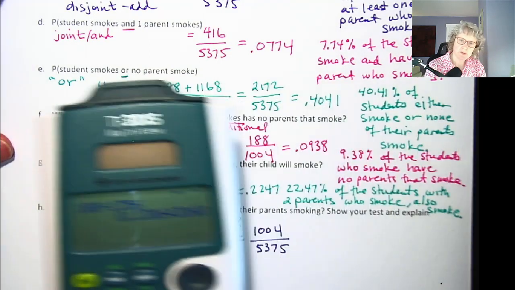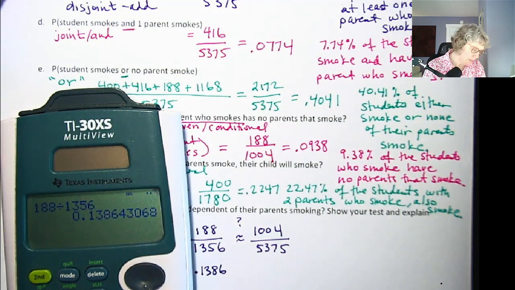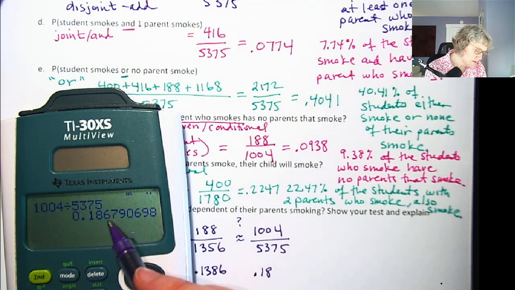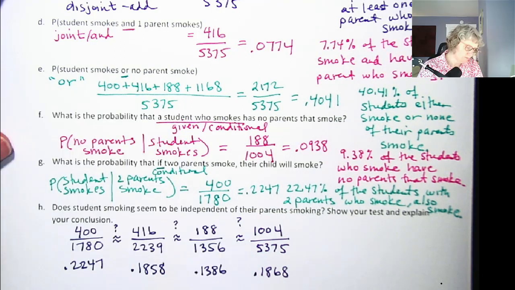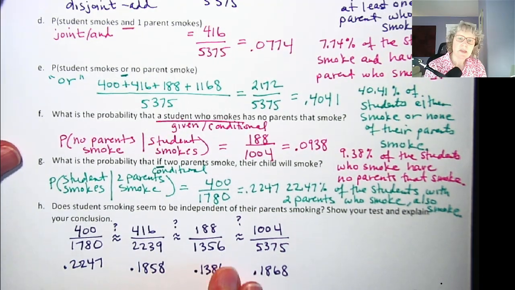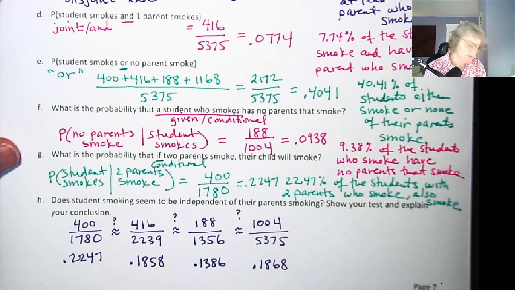I'm going to move it over to the other side here. 1004 out of 5375 is 0.186768. I think we had that one already. That was the first one we found. Okay, so do these seem significantly different to you or not?